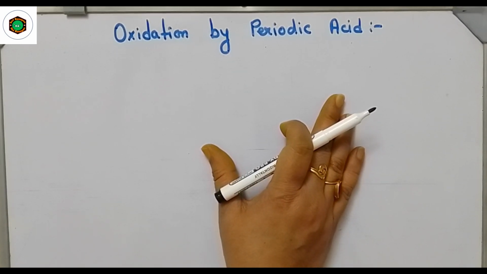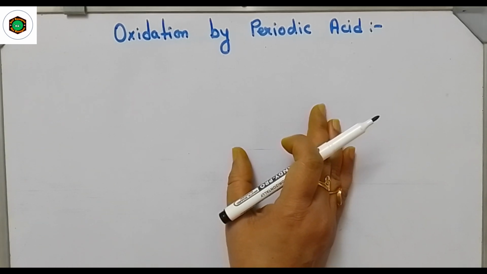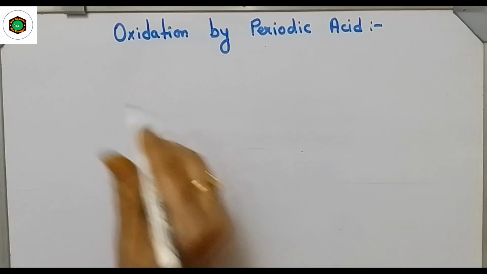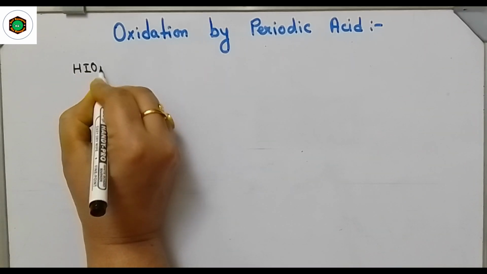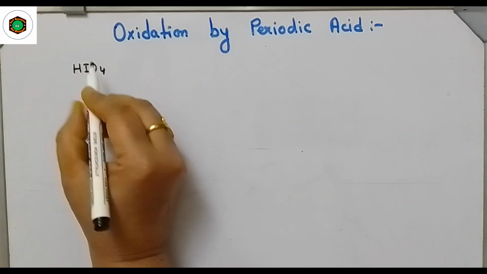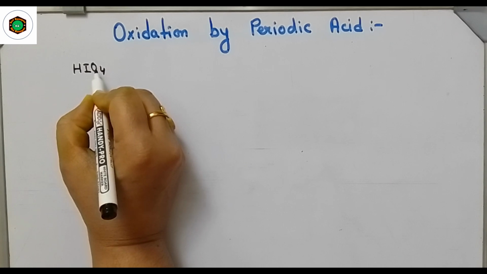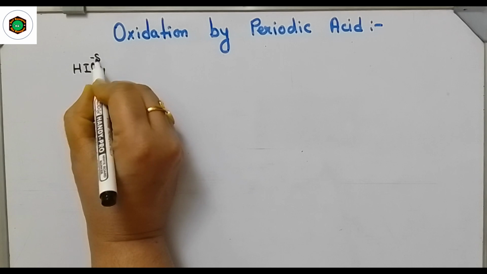In this lecture, I am going to explain how to find out the products of oxidative cleavage by periodic acid. Now first you should know what is periodic acid. HIO4 is periodic acid. What is the oxidation state of iodine here? Each oxygen is having oxidation state -2, so -2 into 4 means -8.